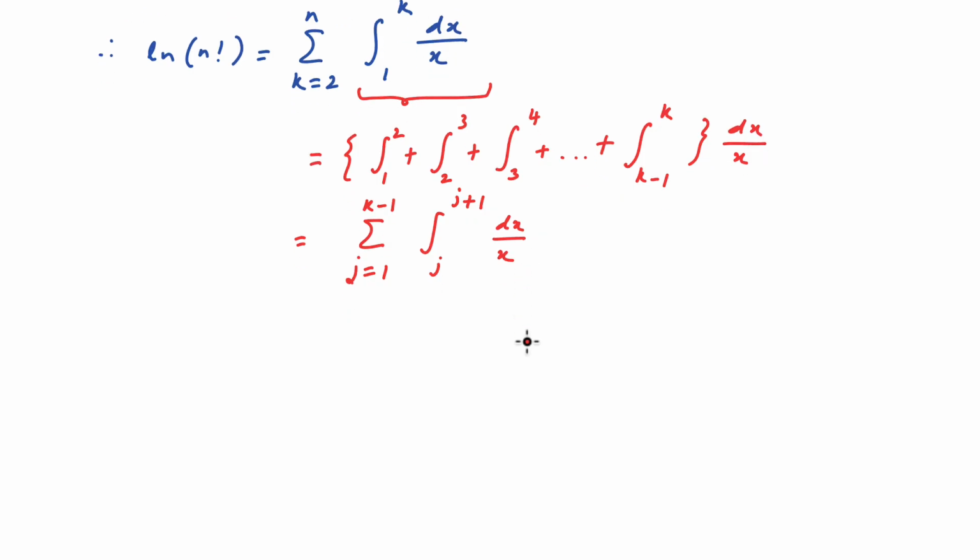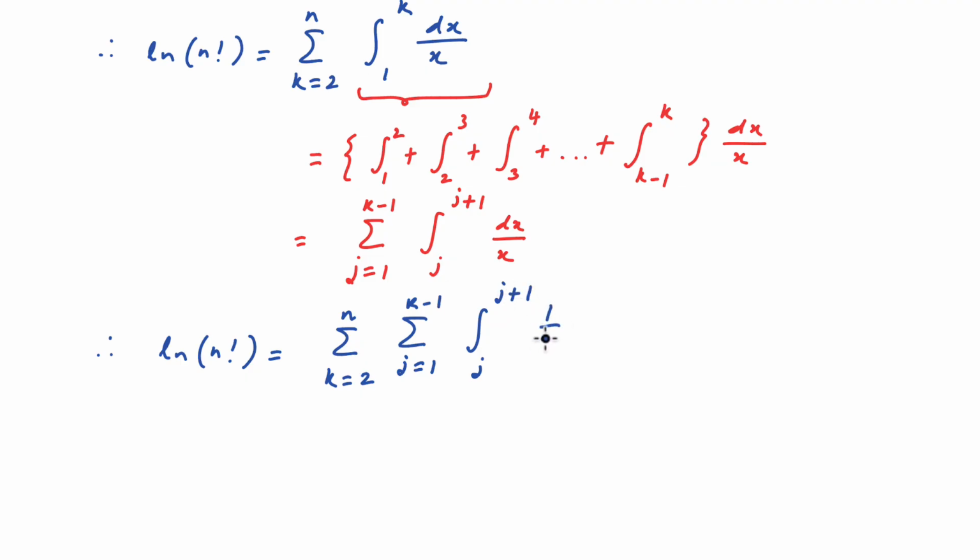Using this result, ln of n factorial is equal to summation k going from 2 to n, summation j going from 1 to k minus 1, integral j to j plus 1, 1 upon x dx.